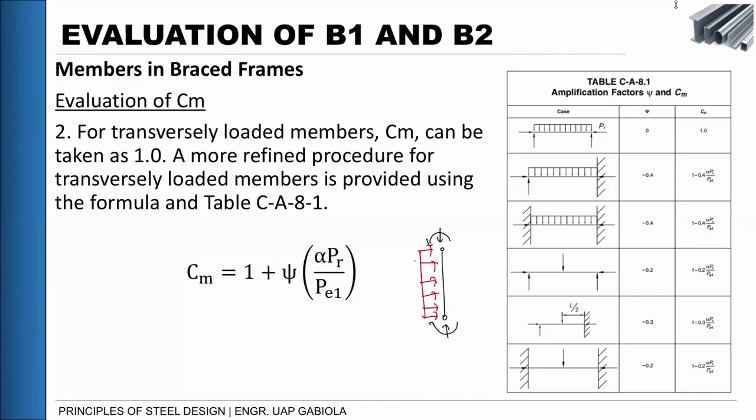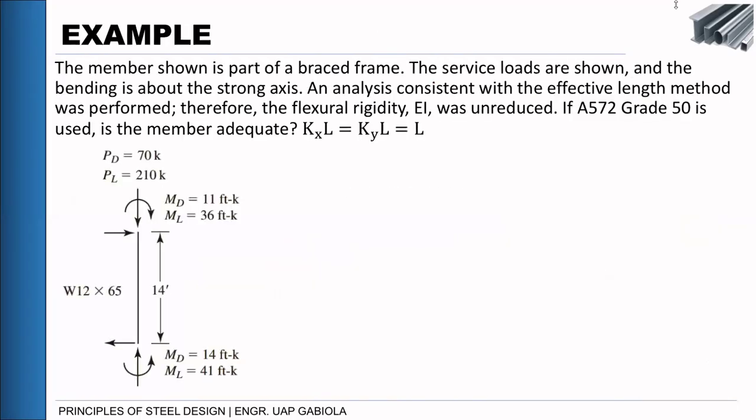So, nilagay na niya yung psi value ng -0.4, no? So, ito na, pwedeng dito ko na lang tumingin mismo sa value of CM. Okay? Pero you can use CM equals to 1.0 for simplicity. Okay? So, to use this concept, let us have an example problem.